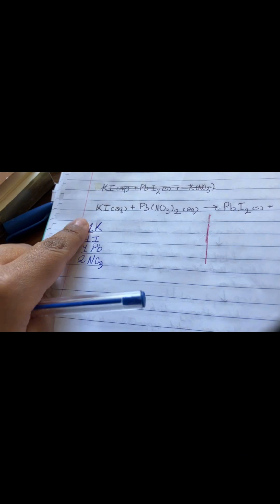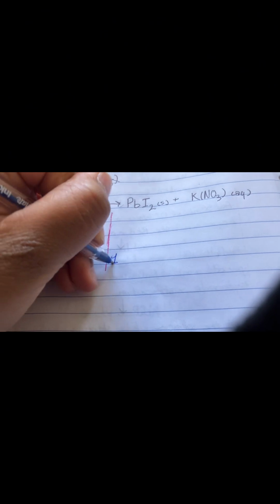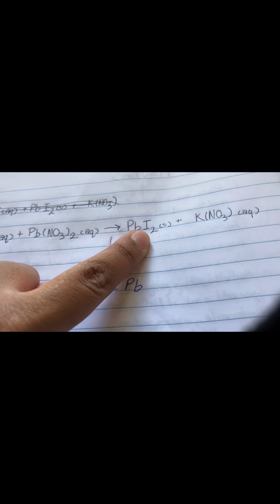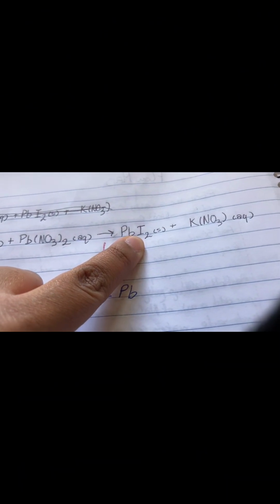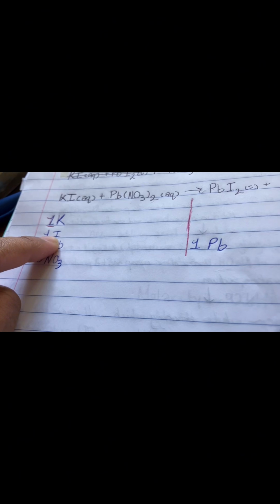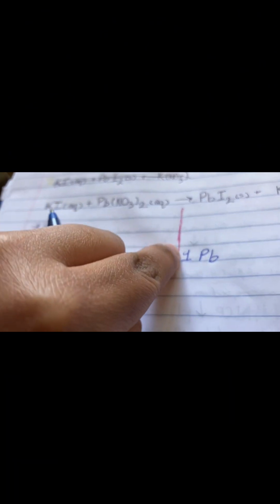Now let's move to this side. The first one is lead. I also like to write on the same line when we're talking about the same atom. So there's one lead here. So just like it's on this line, I write it on this line. One lead. And then for the iodine, there's two. But there's only one iodine on the other side.